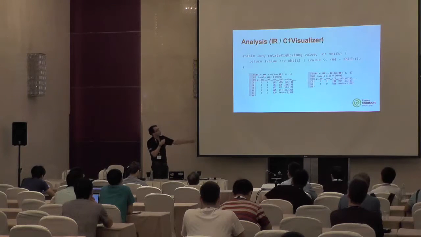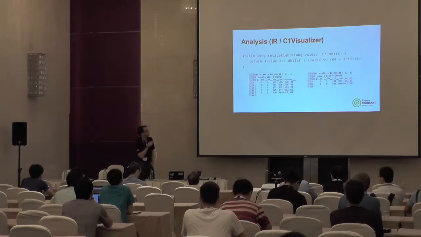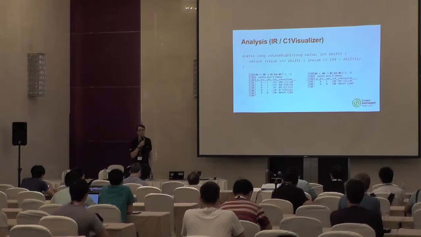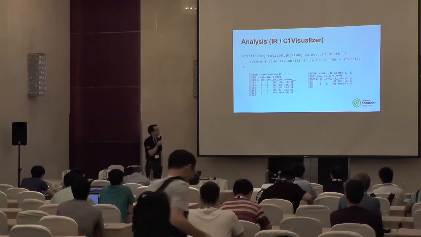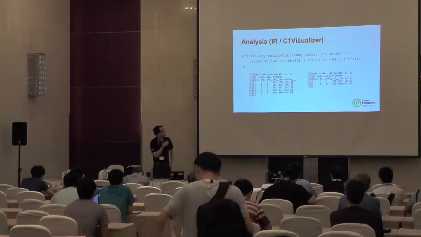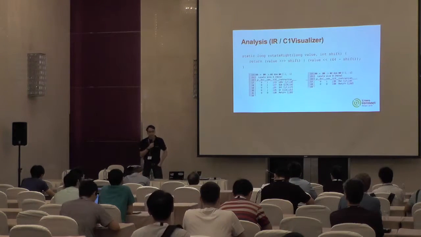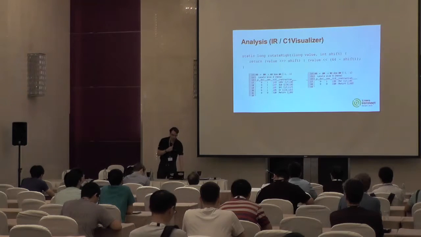And then on the right side, you can see what the IR looks like after the pass is run. And you can see that we've simplified those 4 instructions down to one single rotate right IR node. So this is a really good tool for looking at how your patch is affecting the IR. Make sure it's doing the right thing.